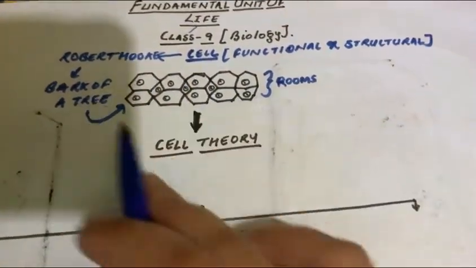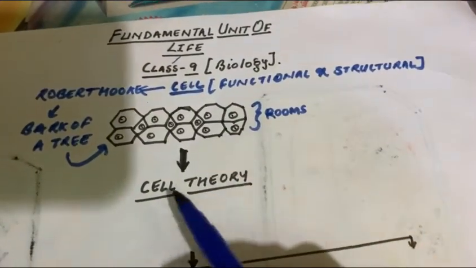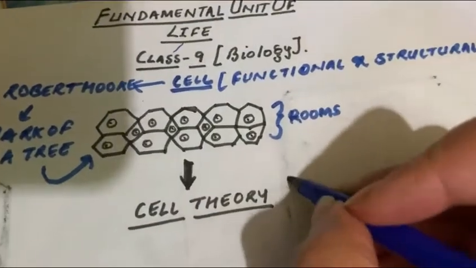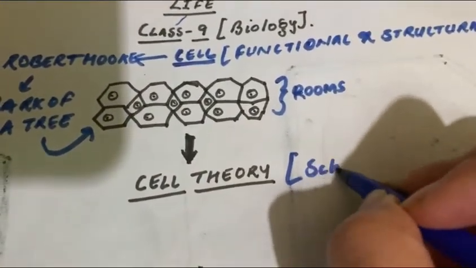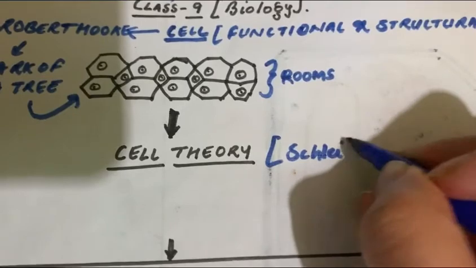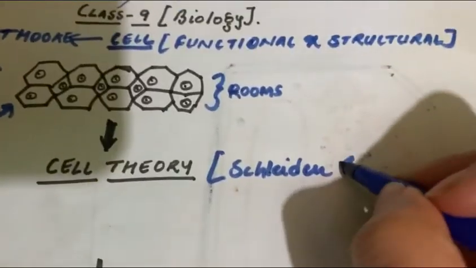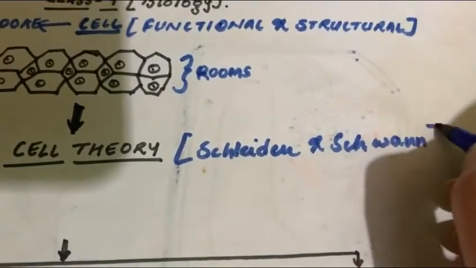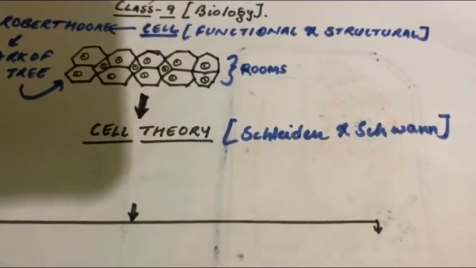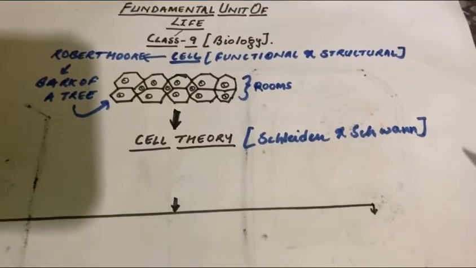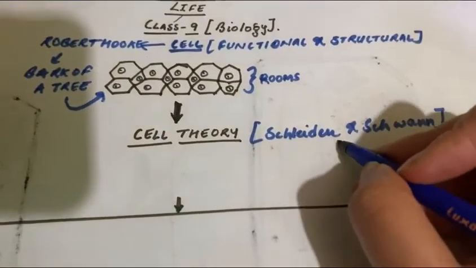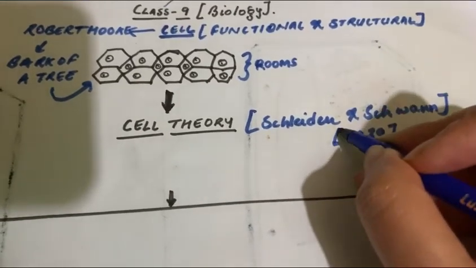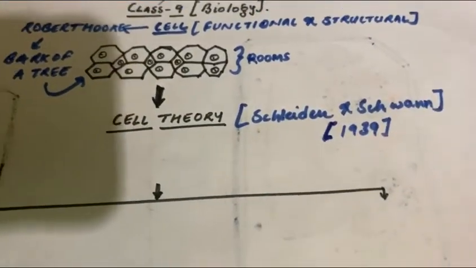On the basis of this, a cell theory was given by two scientists. Who were those two scientists? Those two scientists were Schleiden and Schwann. Schleiden and Schwann gave the cell theory, and it was given in 1939.